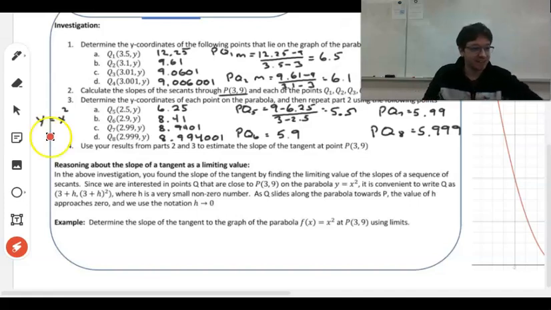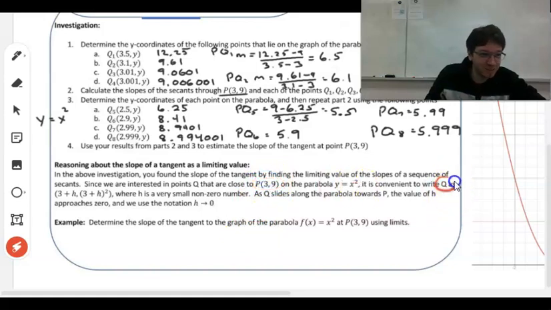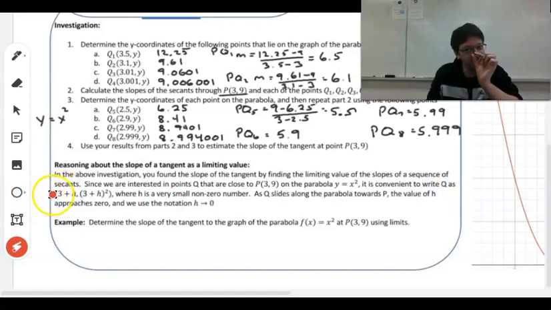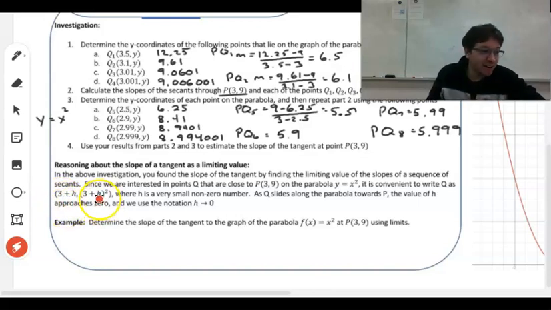So if we take the point P, which is (3, 9), we take a generic point Q as 3 plus a little tiny bit, h, and therefore our y-coordinate for our graph y equals x squared would be that x value, 3 plus h, squared. So this is what our Q is going to be.